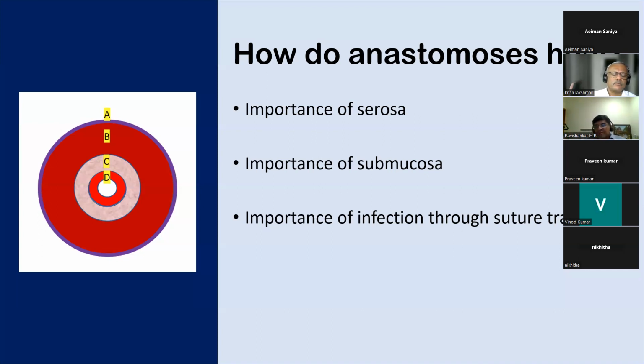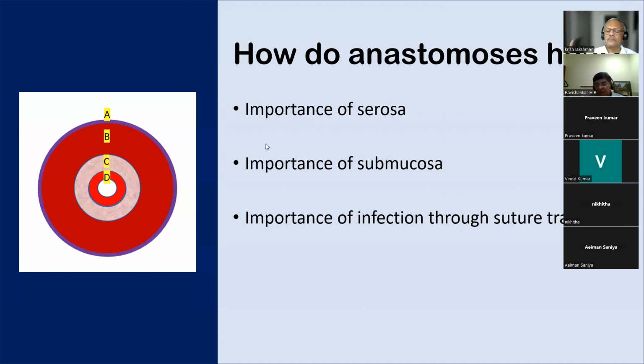Sanya, you have your hand up. Sir, usually when we do a two-layer anastomosis, the first layer would be a through and through suturing. So how do we avoid this forming a suture tract that you're telling? That is the point we're making, that unless you are very worried about hemostasis, it is always good to have a serosubmucosal suture and spare the mucosa.